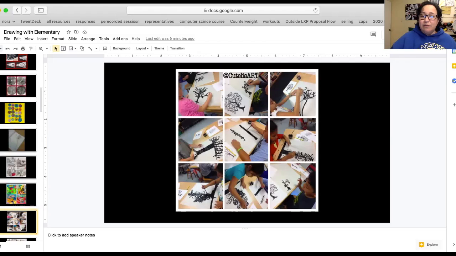And this can be done with either a paintbrush and black paint, or it can be done with white paint on black paper. It can be done with chalk. It can be done with markers. So the media is not really that important since they are learning here about the thicknesses of line.